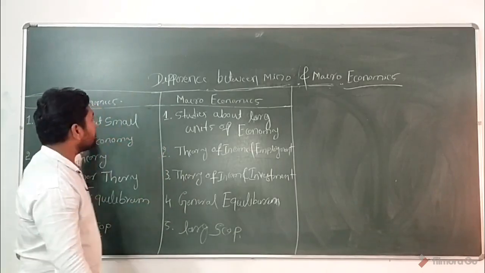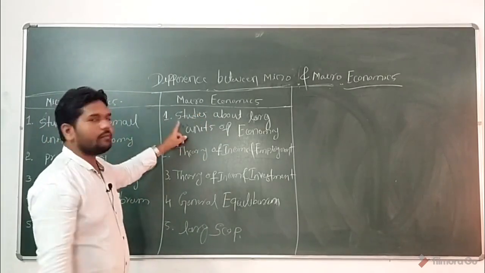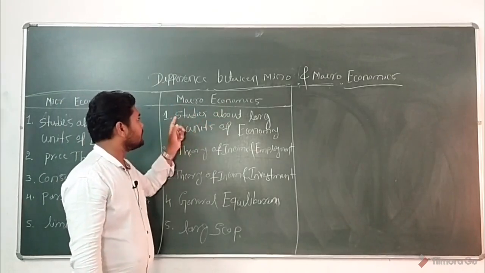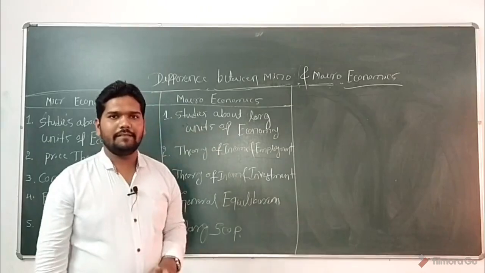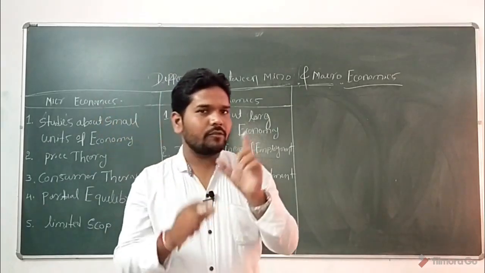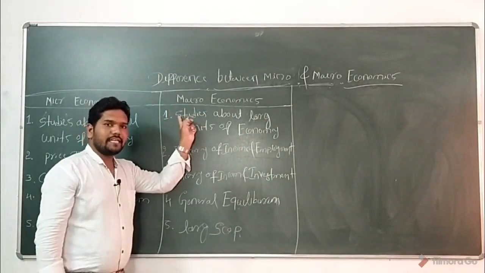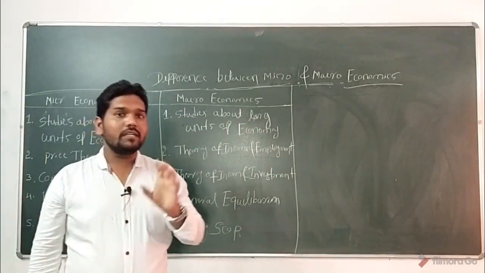What is the difference between microeconomics and macroeconomics? Macroeconomics studies large units of the economy. Microeconomics studies small units, but macroeconomics studies large units. What are the large units?